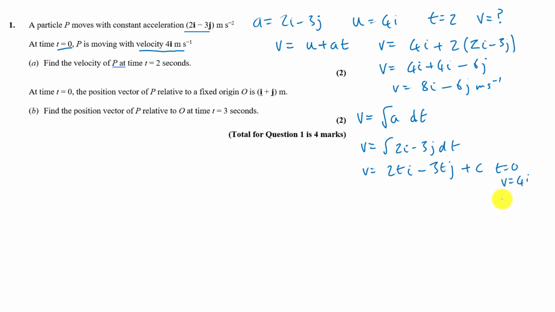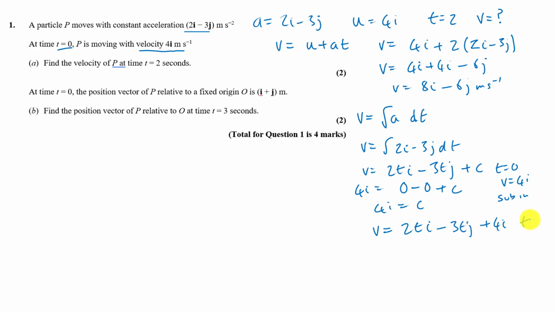Let's sub these values in. So 4i is going to equal 0 minus 0 plus c. So 4i is going to equal c. So our velocity equation now is 2ti minus 3tj plus 4i.